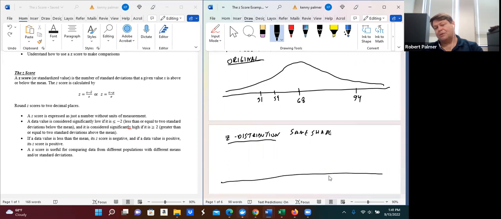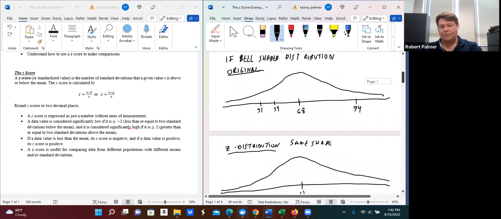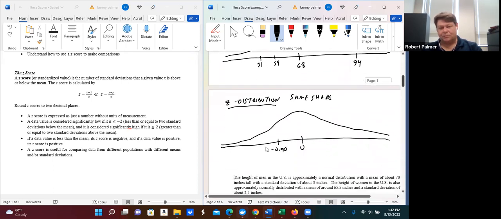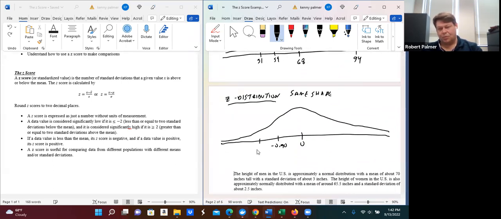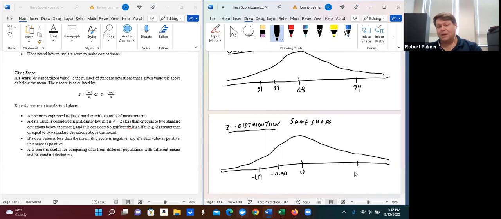Let's try to draw the same picture as well as I can. Here in the middle is 0. Now, in terms of standard deviations, 54 is about negative 0.90. Next is negative 1.17. The last one was positive 1.79. So these should also be relatively in the same spot.